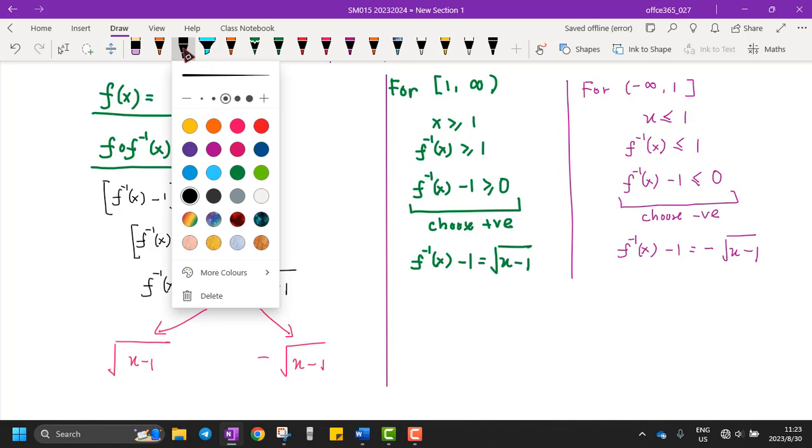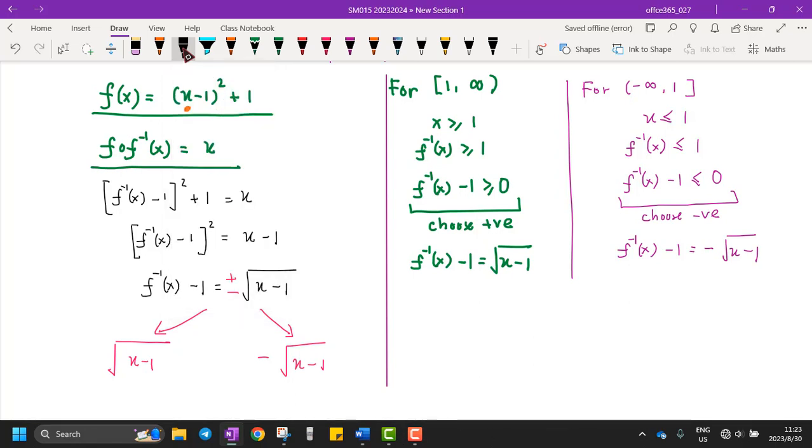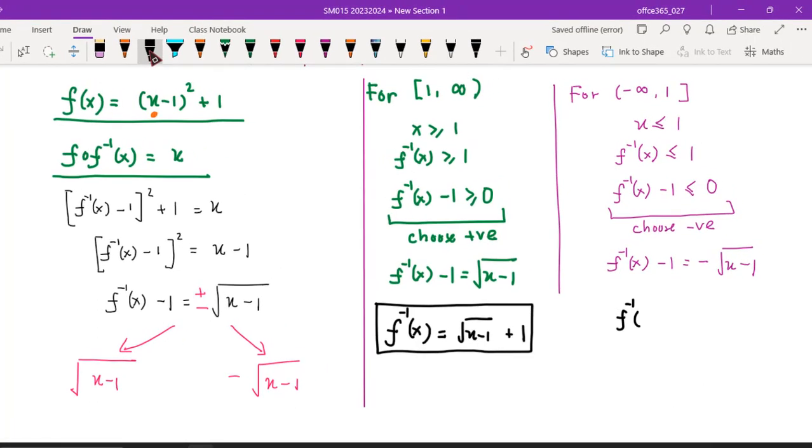So we can conclude that for the domain 1 to infinity, the f inverse is square root of x minus 1, plus 1. This is the inverse function. Automatically for the domain less than or equal to 1, the f inverse equals negative square root of x minus 1, plus 1.